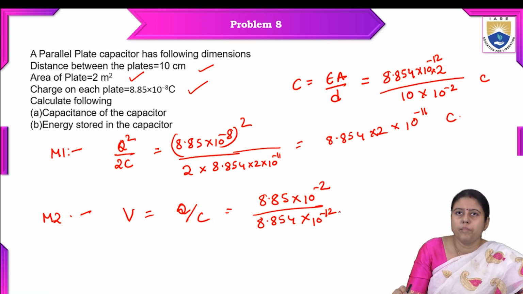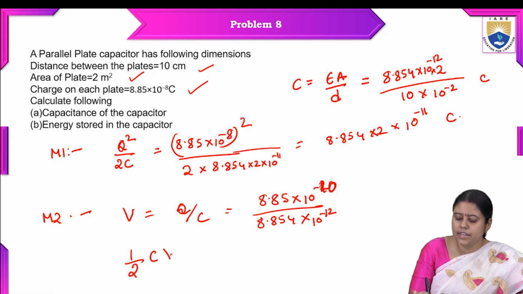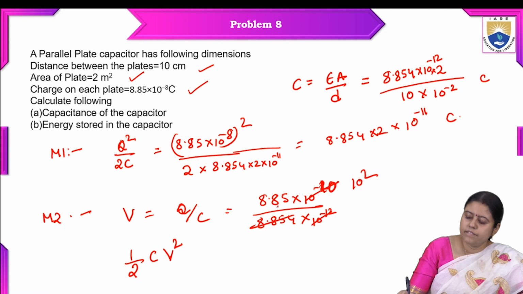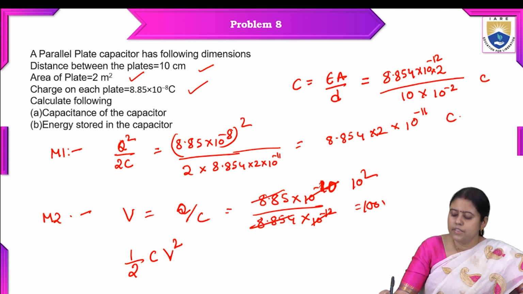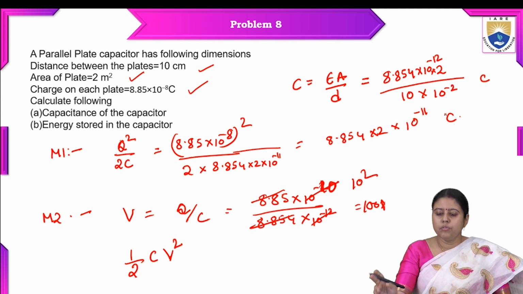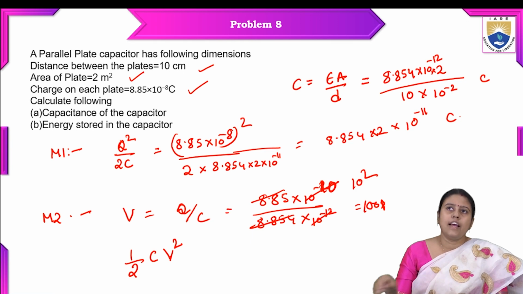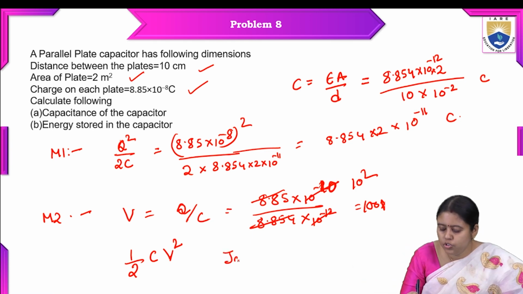We got the value of V. So if we have the value of C and V, the energy is half C V square. V is 100 volt. C value we will get. If we put the values, we can get the energy, and the energy will always be in joule.